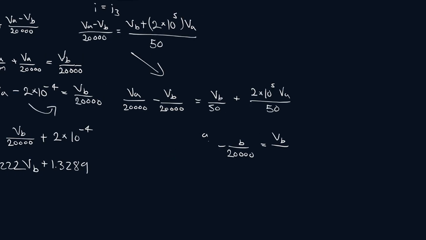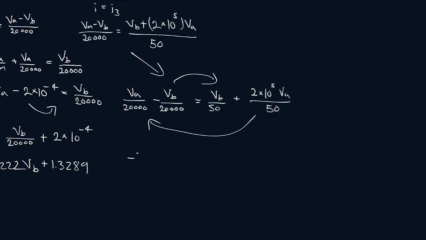Actually, I think it's best to quickly add this VA with this VA, because then I don't have to do two separate calculations. So let me actually simplify this quickly. So I'll bring this to the other side and bring this to the other side. So it'll be 1 over 20,000 minus 2 times 10 to the power 5 divided by 50.